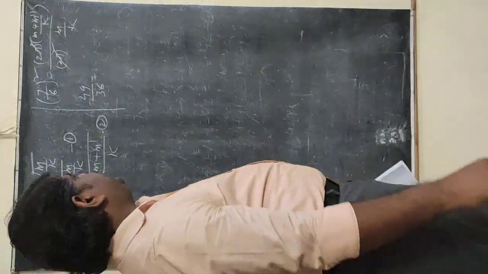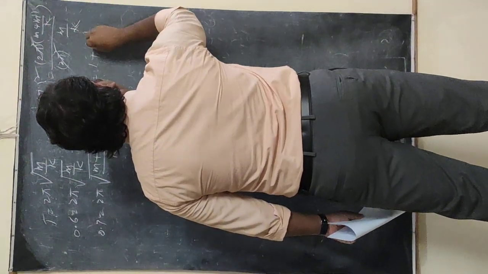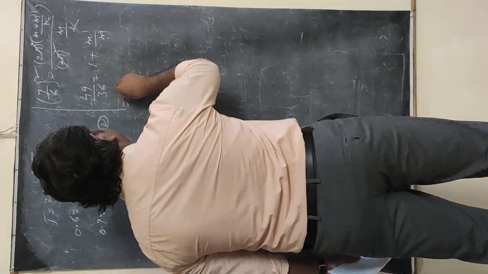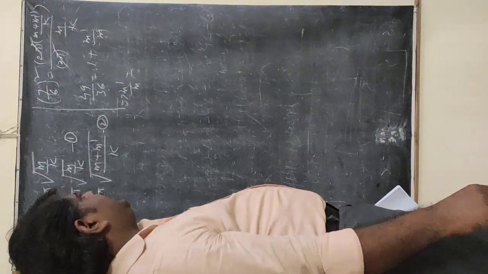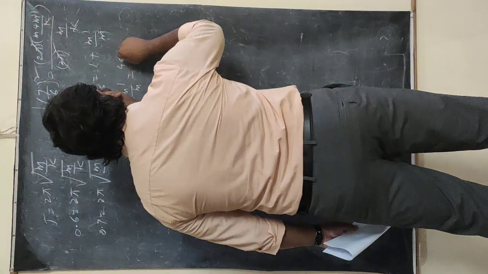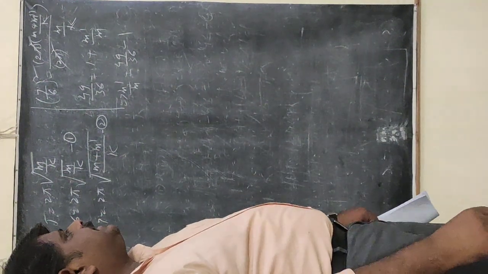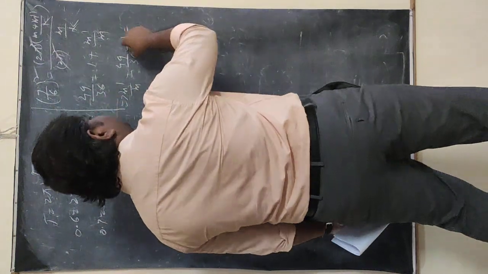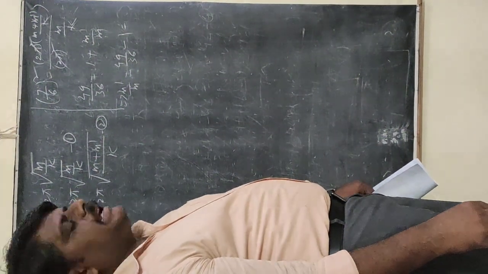(m plus m dash) by m means m by m, which you can write as 1 plus m dash by m. That implies m dash by m equals 49 by 36 minus 1. 49 by 36 minus 1, that equals, 36 goes to the numerator, then 13 remains.